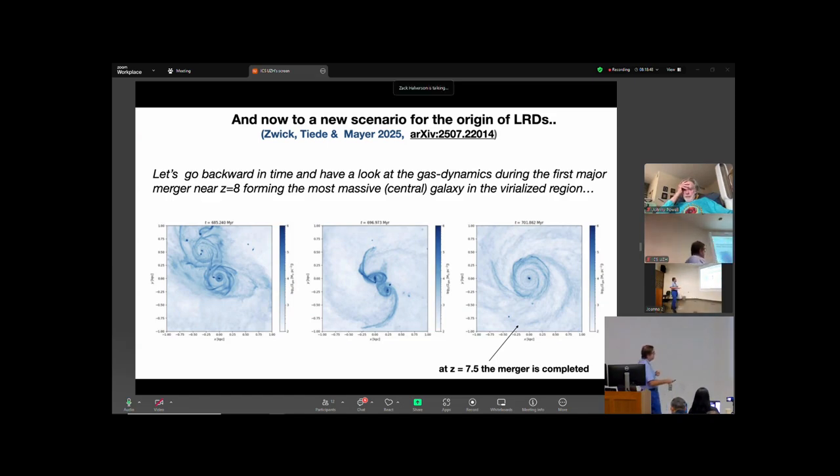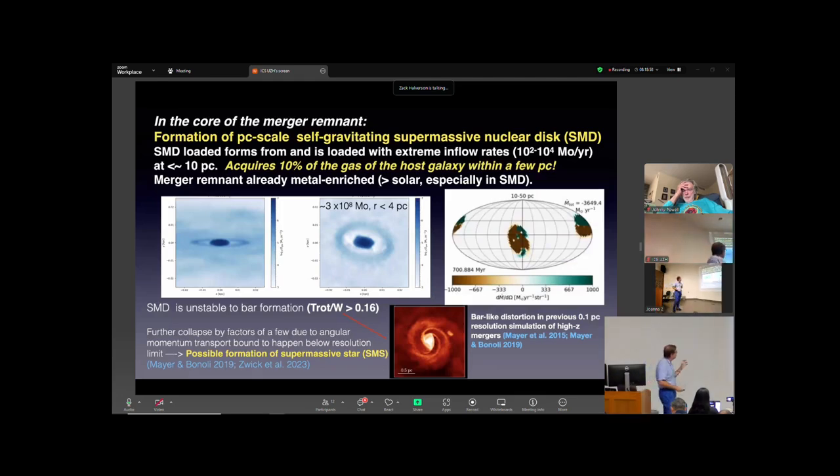This is the time at redshift 7.5 at which the merger has been completed. You see the gas distribution seen face on. You look at what happens closer into the center. So you zoom in to scales below 20 parsecs. And what you see is that the inflow generated by the merger has produced a very compact, flattened, gaseous system at the center, which we call a supermassive disk.